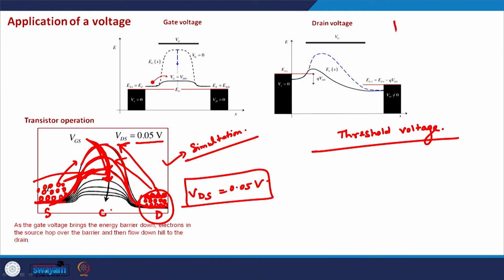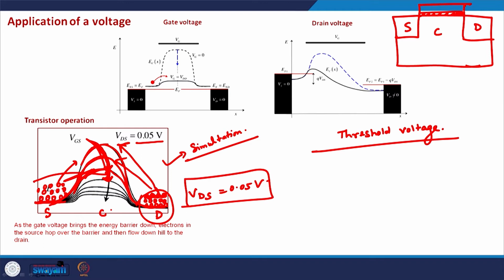If we have the MOSFET like this, we have the source terminal, the drain terminal, the channel region. Just above the channel we have oxide, and on top of the oxide we can put the gate.